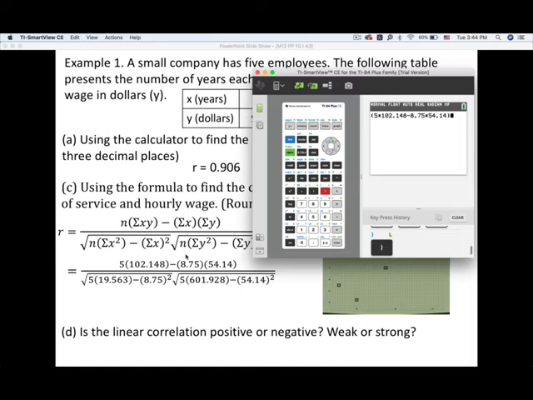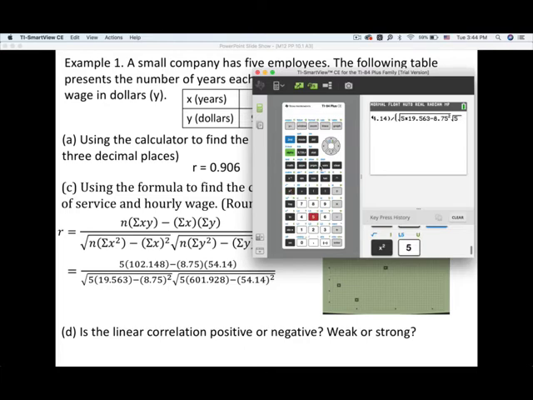Put the big parenthesis on your numerator here. And then divided by another parenthesis. Do the square root, 5 times 19.563 minus 8.75 squared. Okay, you could see I'm gonna stop here. So I want to exit my square root. And then now I will have a second square root here.